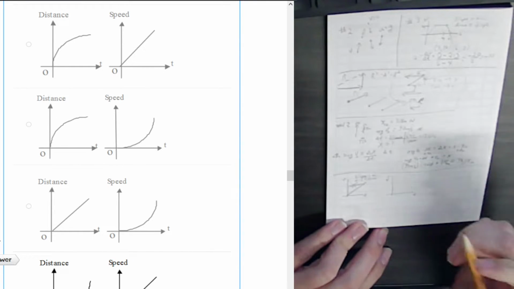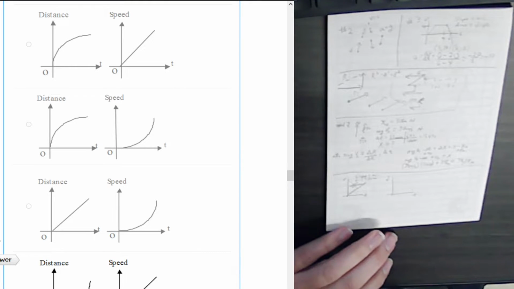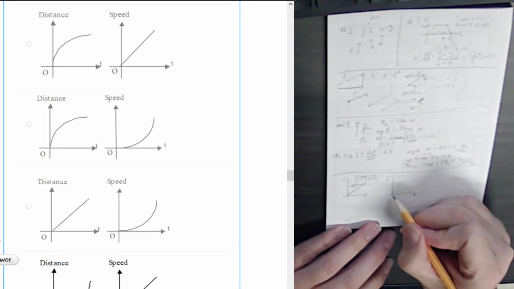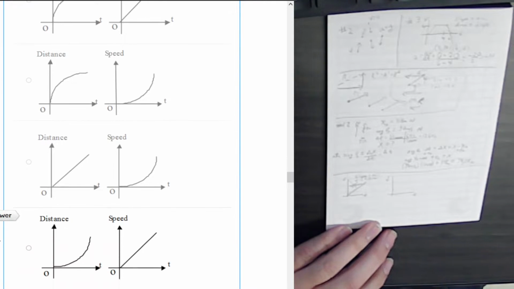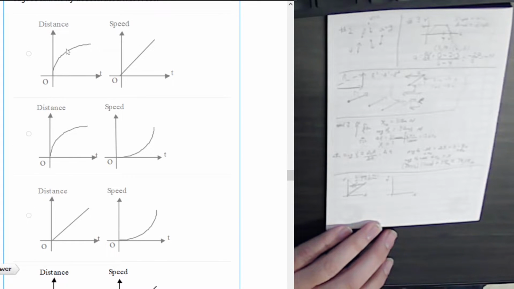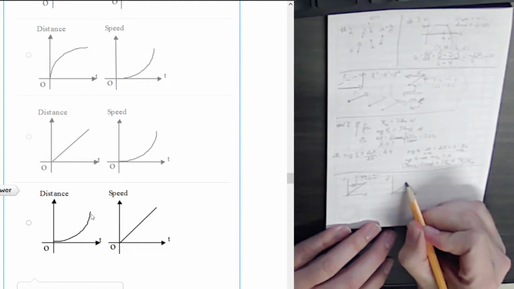So if we know our velocity graph has to do this, well, what would our position graph do? Well, for a uniform acceleration, it's going to curve. And so you'll notice our 2 options, one curves up and one curves down. So this one has a negative curve to it, and this one has a positive curve. So essentially here, if our speed is constantly increasing, then our distance should constantly be increasing too. So we want a constantly increasing distance.